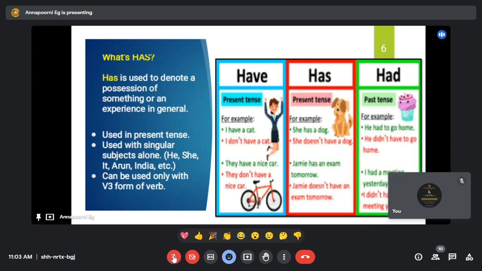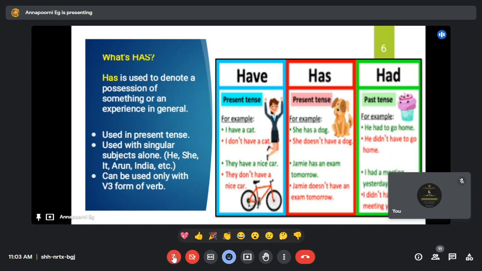V3 form means, for example, go, went, gone. Gone is the V3 form. Eat, ate, eaten. Eaten is the V3 form. Then come, came, come. V1 and V3 are the same for come. So has is also used with the V3 form of the verb.